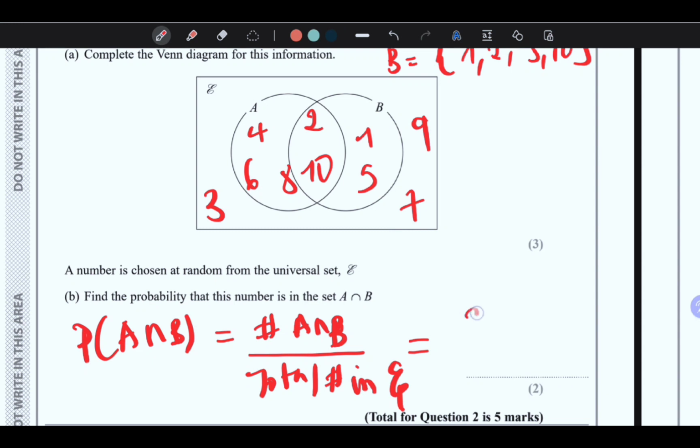In A intersection B we have 2 and 10, 2 numbers, and the total number of numbers in the universal set would be 10. So that boils down to 1/5.